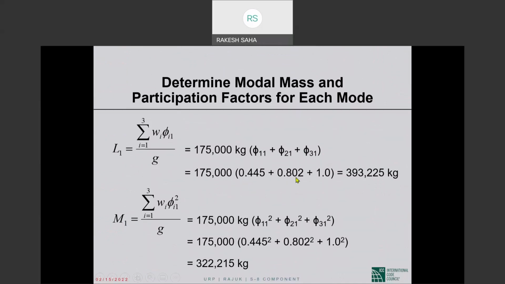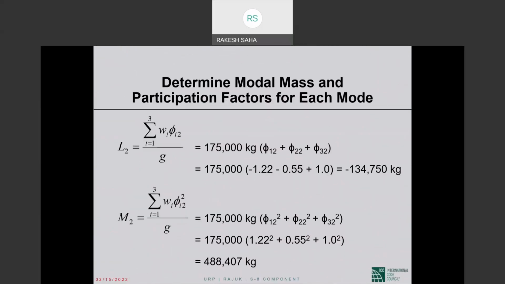So 445, 802, 1, that gives us 393 million. And the modal mass is P11 squared, P21 squared, P31 squared. That comes to 322 million kilograms.